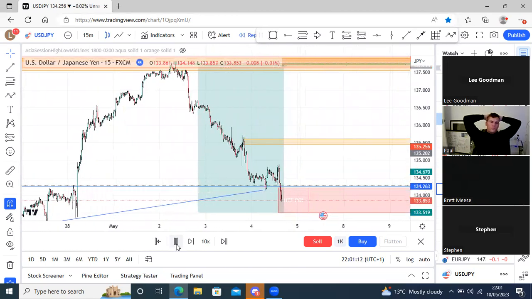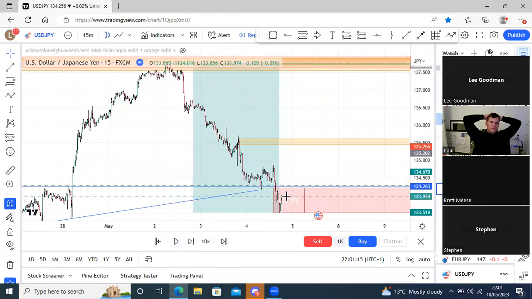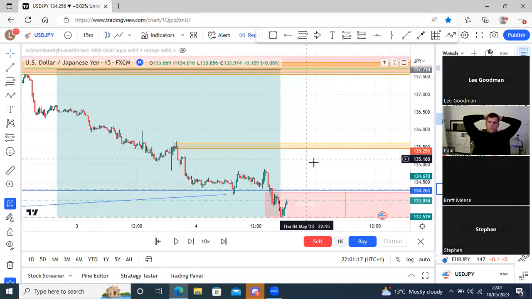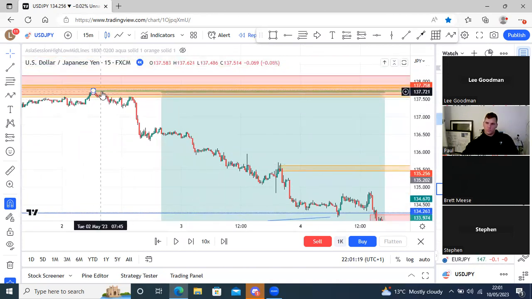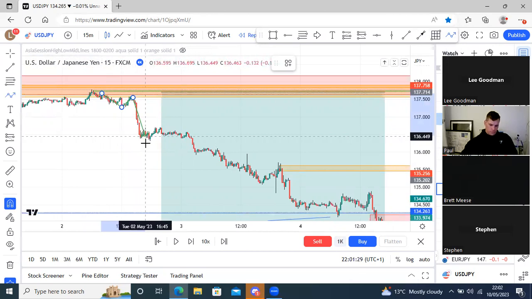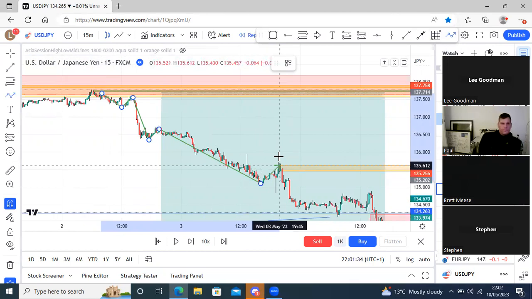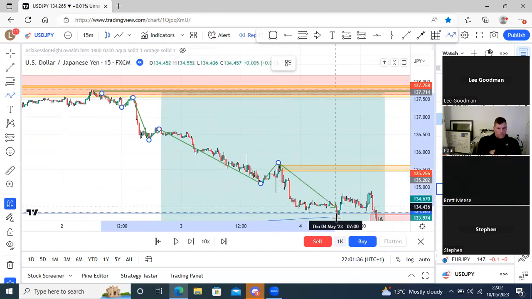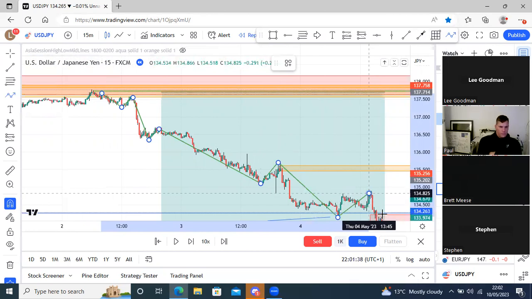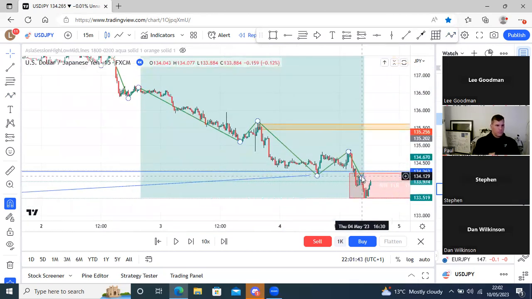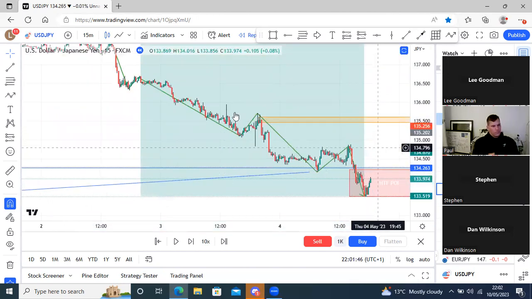It's been a long time to hold, but again, from the entry here, that's the 15-minute structure for me while I'd have been in that trade.